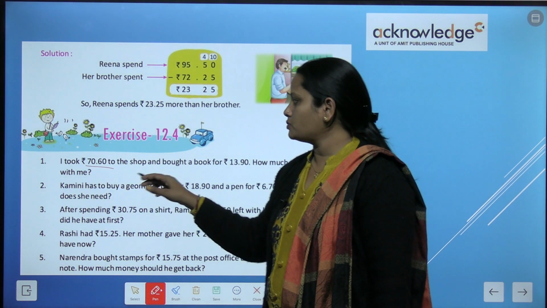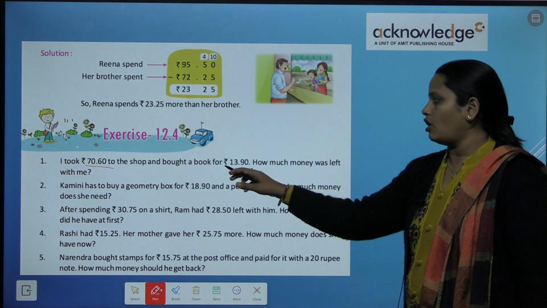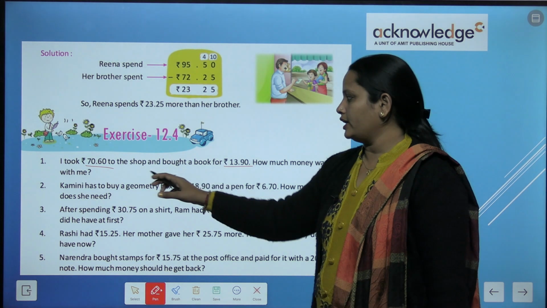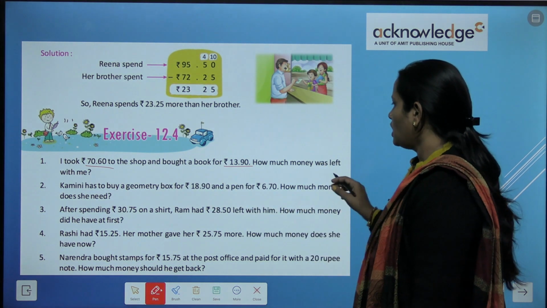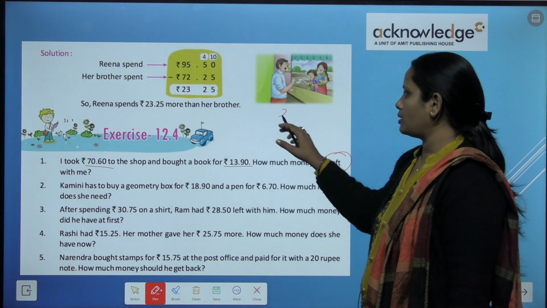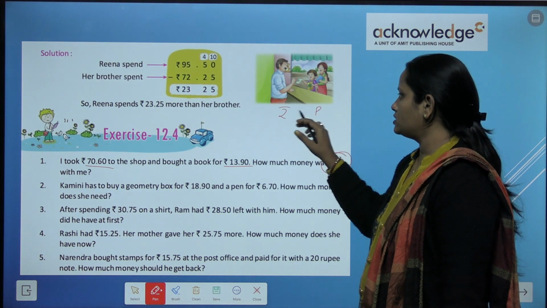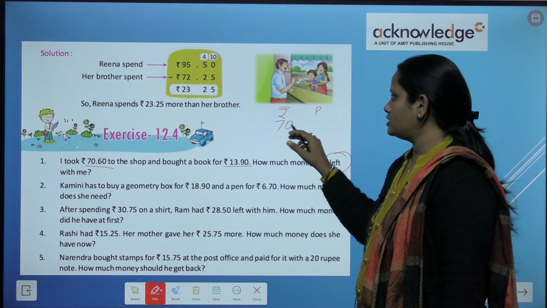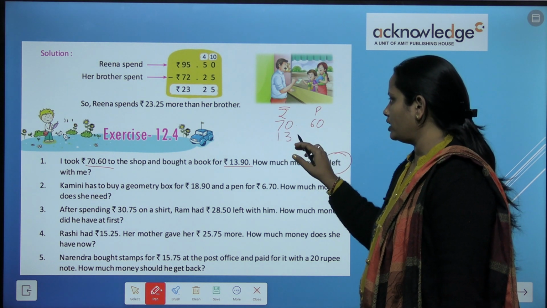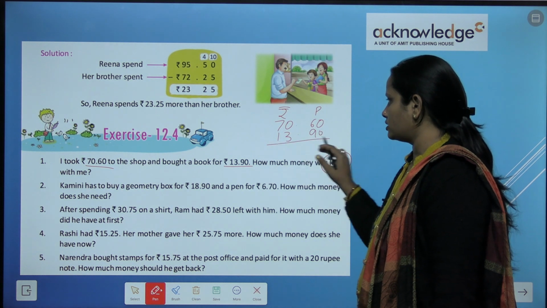I took this much to the shop and bought a book of this much. तो मैं इतने पैसे शॉप पे ले गई और इतने रुपए की बुक खरीदा. How much money was left with me? So here we have to subtract. So let's subtract 70.60 में से हम 13.90 को subtract करते हैं.